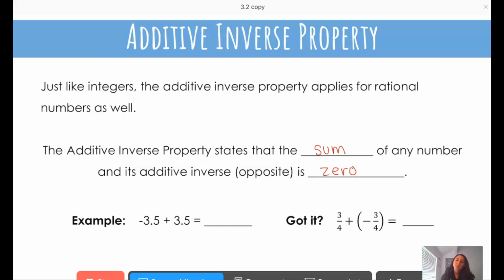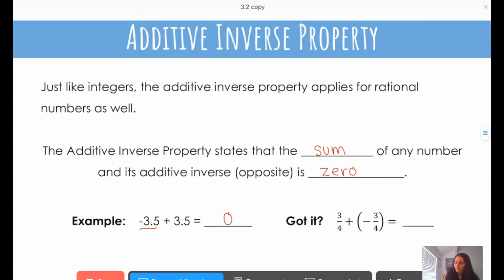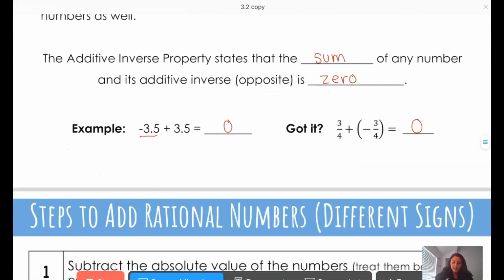So any number plus its opposite is 0. So negative 3.5 plus 3.5 is 0. And then 3/4 plus negative 3/4, they're opposites, so they're going to be 0 as well. All right, so just understand that the additive inverse property applies for rational numbers as well. Any number plus its opposite is 0.